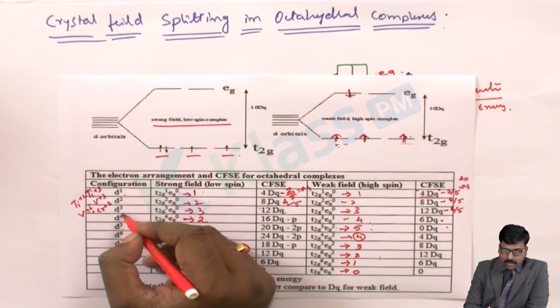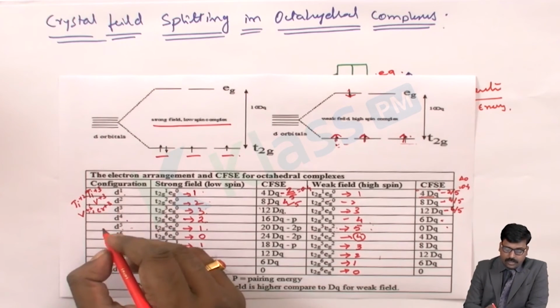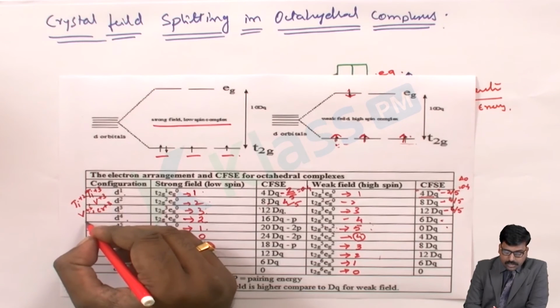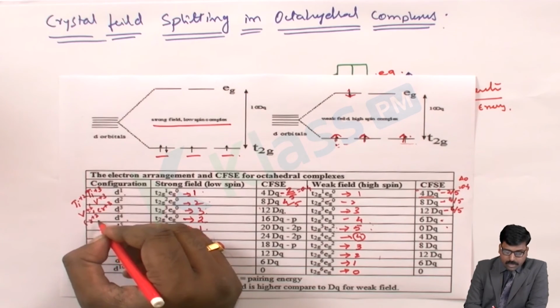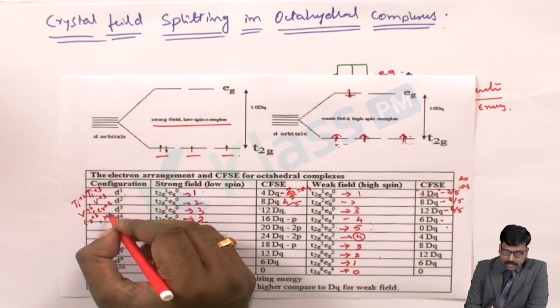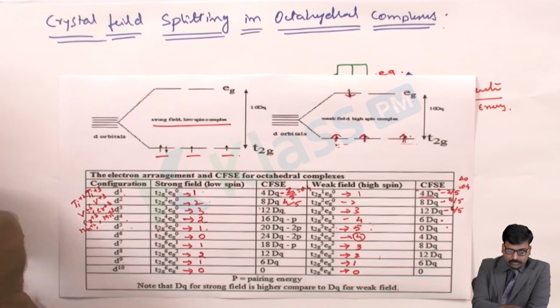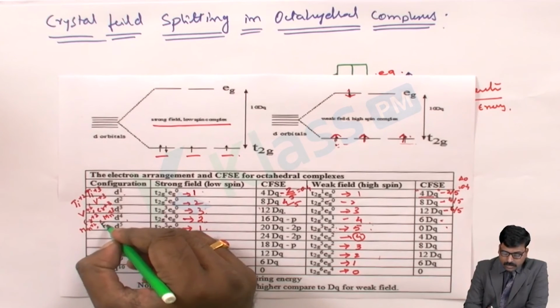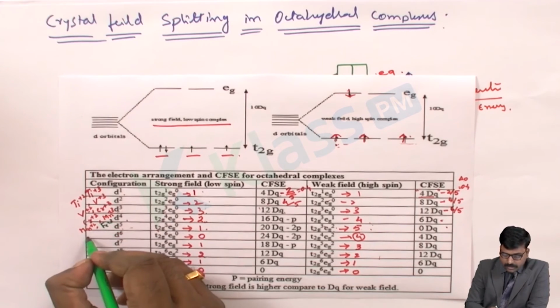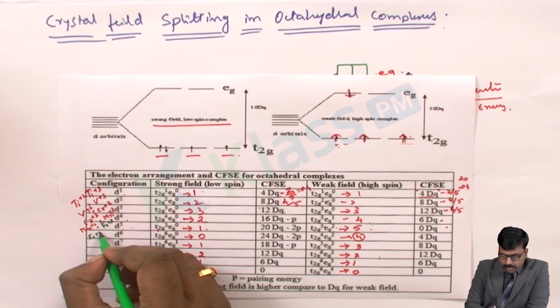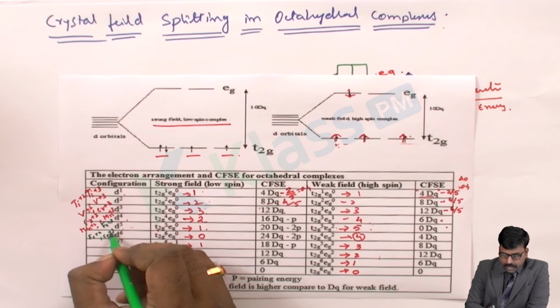Now we will see the examples of the D3, D4, D5 configuration. D4 electronic configuration, it is chromium plus 2, manganese plus 3, manganese plus 2, then iron plus 3. Here it is D6, iron plus 2, cobalt plus 3.